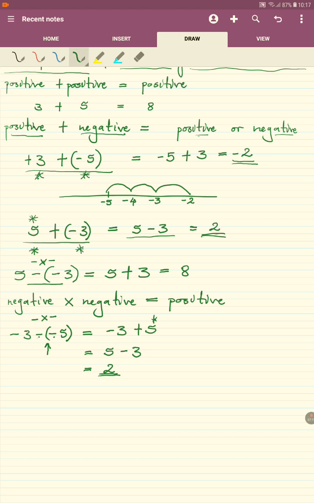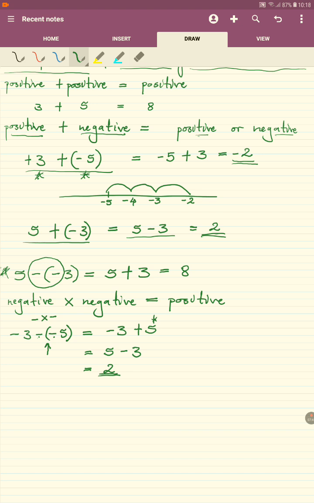So you need to remember that when there is a negative or a minus sign followed by another minus sign, like in this example here, each and every time these two minus signs, they change to positive.